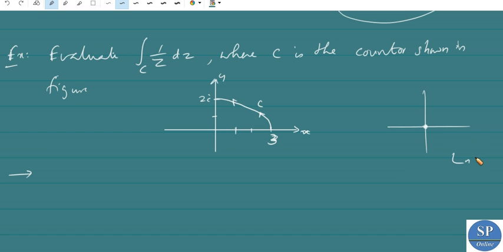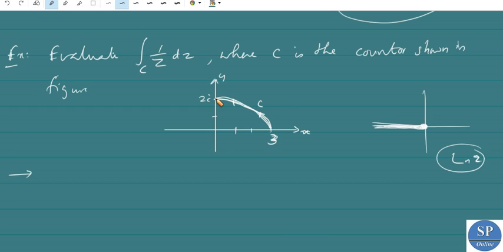But we also know that ln of z is not defined at the points on the non-positive real axis, and at 0. This is the branch cut of the principal branch of the logarithm. Here our curve C is from 3 to 2i.